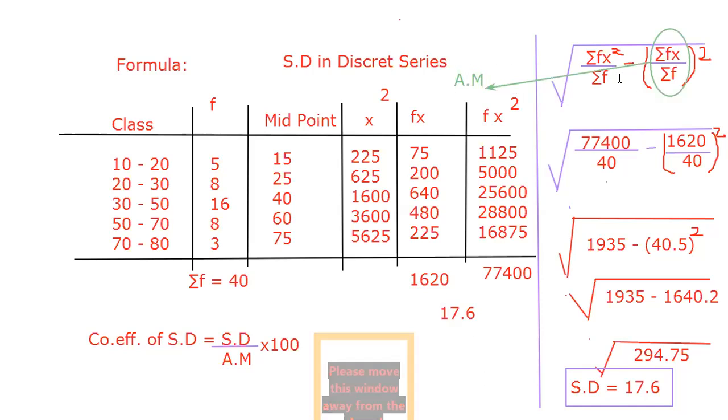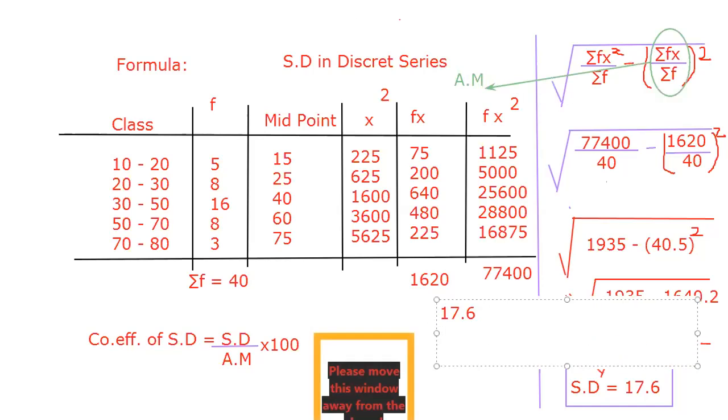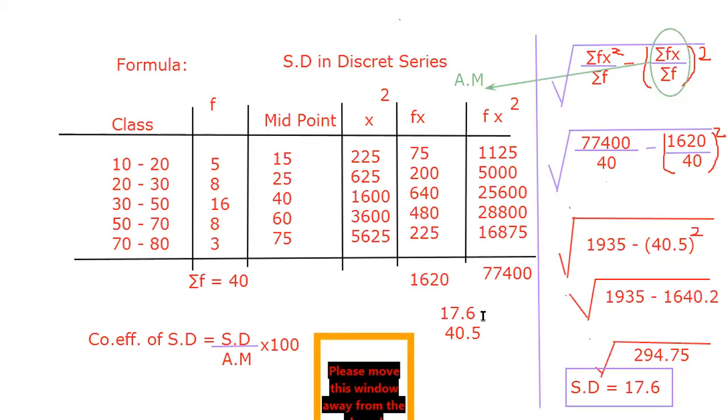So 1620 divided by 40 is equal to 40.5. That is our arithmetic mean. So 17.6 divided by 40.5 into 100.